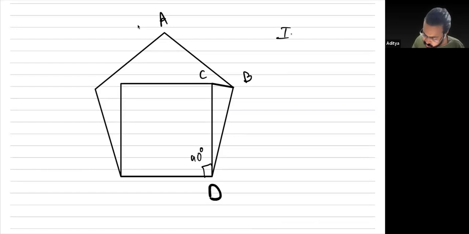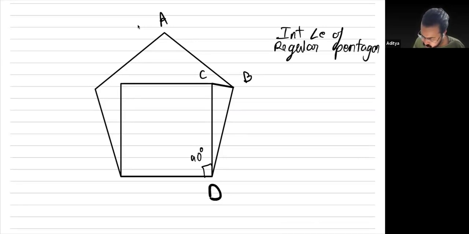Interior angle of a regular pentagon is equal to the angle sum property. The angle sum property for a regular pentagon is 3 times 180 degrees. Divide by 5. You will find that this becomes 108 degrees. Why 3 times 180?